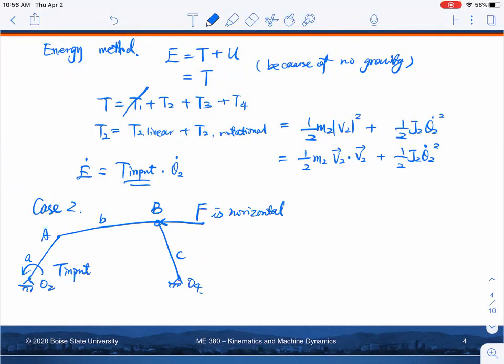Yeah, if it's a spring, definitely you can calculate that, but then I have to make a lot of assumptions. You might get confused right away. We have to assume that spring deformation is always horizontal, and I have to give you an initial position for the spring. So perhaps we can discuss that. I can give you another case after this, but then I want to change this to a constant force F, which is horizontal to the negative side.